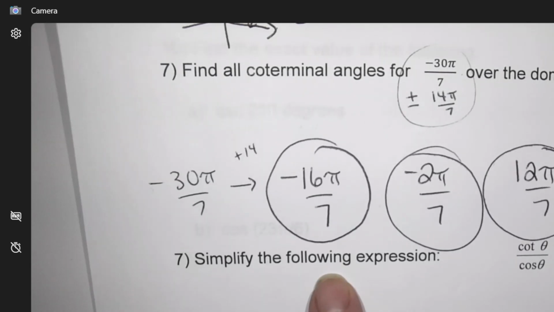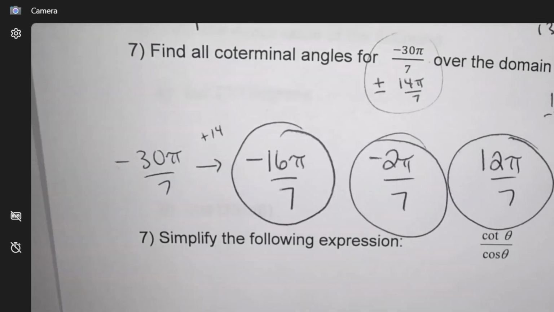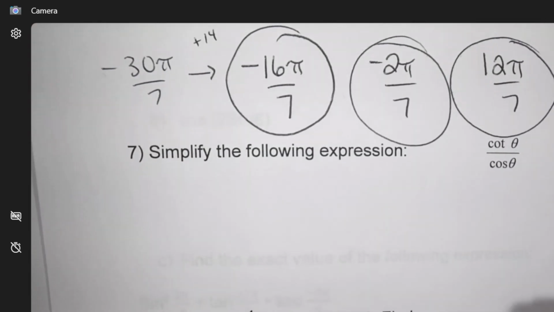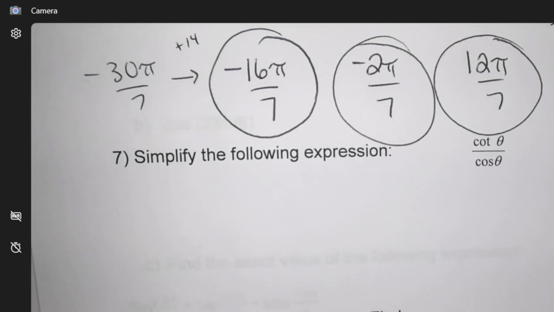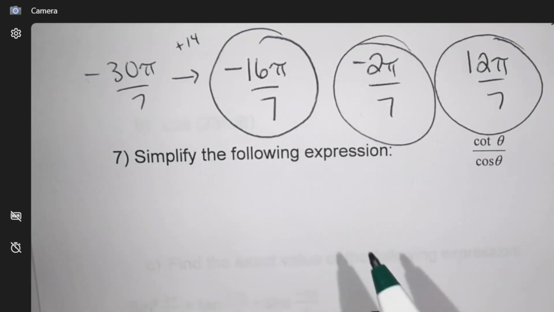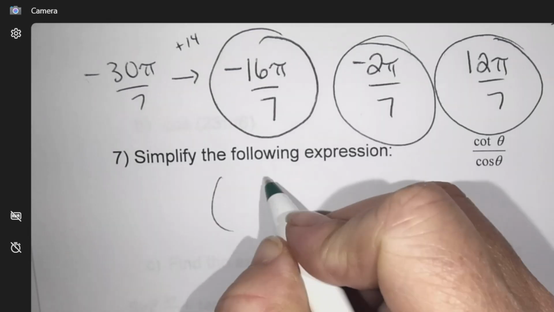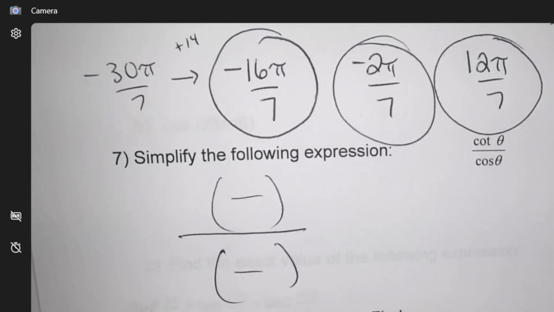Okay, simplify the following expressions. So I do not need a calculator again for this question. So everything I've done here is no calculator. Okay, cotangent. XYR, cotangent.